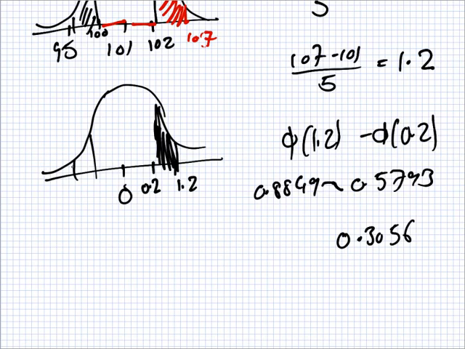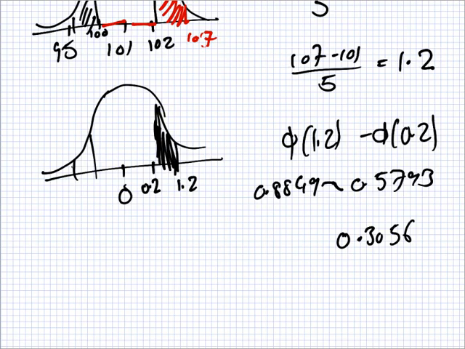But you don't get the same answer if you do just 97. You do. Do it the other way. 95 minus 101 divided by 5, you will get minus 1.2.